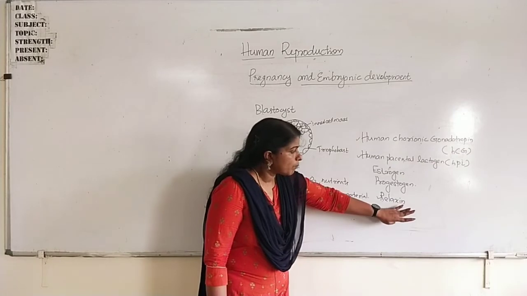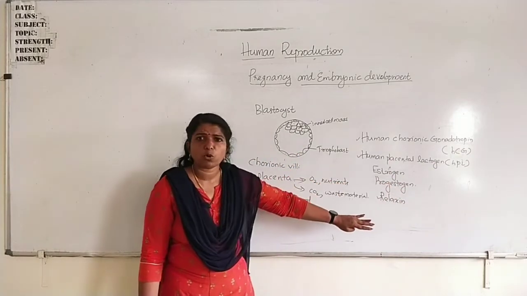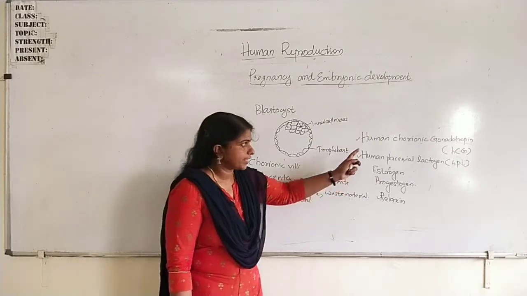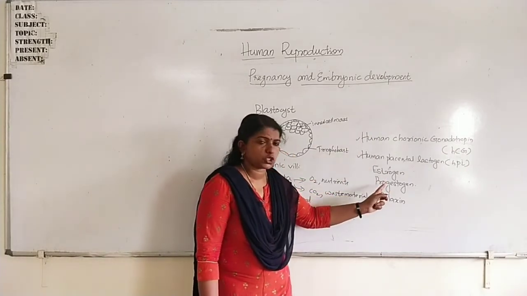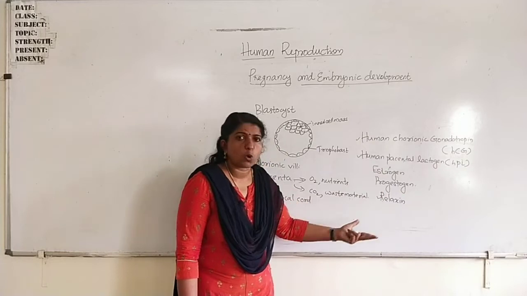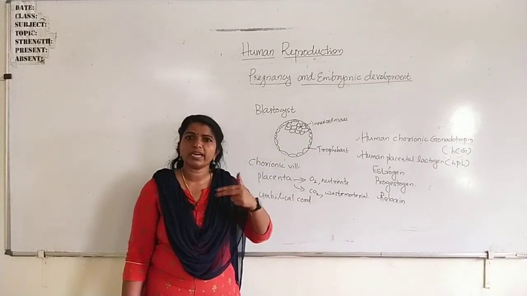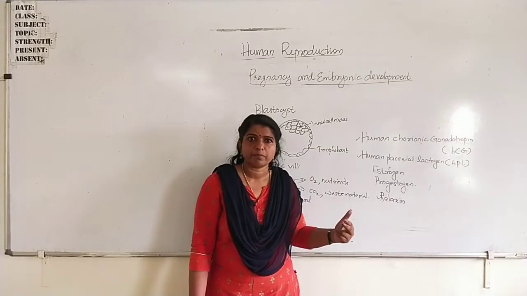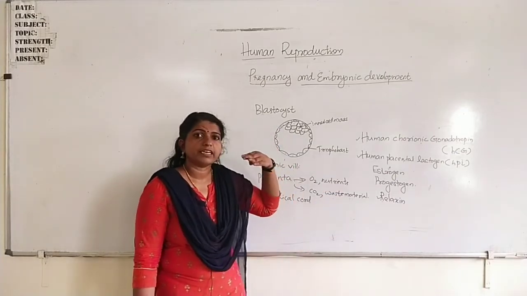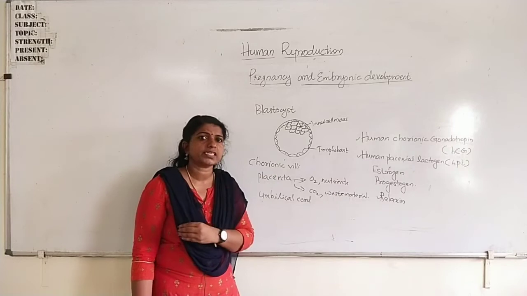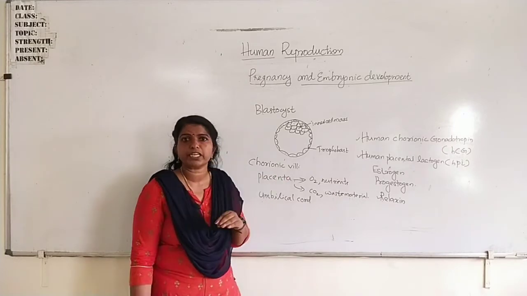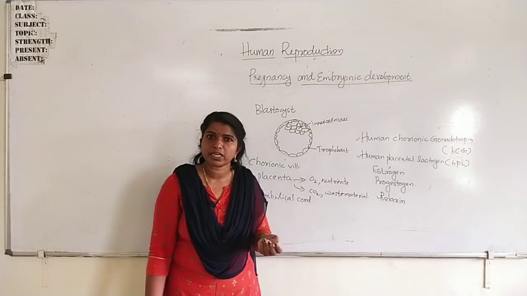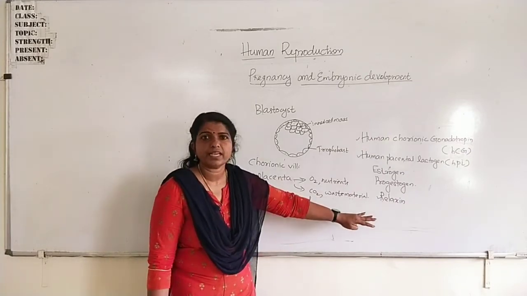Moreover, most of the hormonal levels are very high at that time. For example, estrogen, progesterone, relaxin, then cortisol, all these hormone levels increase several folds. This increased level of hormones is very essential for maintaining the pregnancy, fetal growth and the metabolic changes of the maternal body.